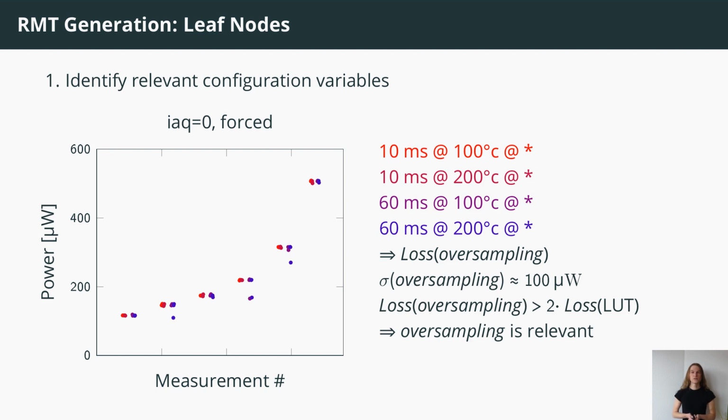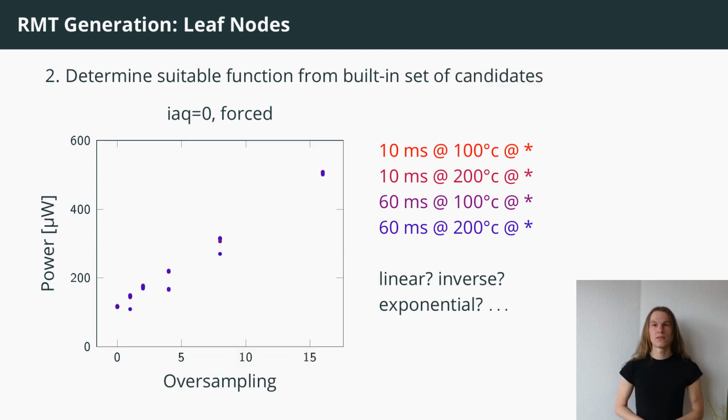Now the algorithm needs to find out how exactly oversampling affects device power. To do this, it uses ordinary least squares regression and a set of domain-specific function templates that are built into the algorithm. For instance, linear, inverse, exponential, and logarithmic functions.